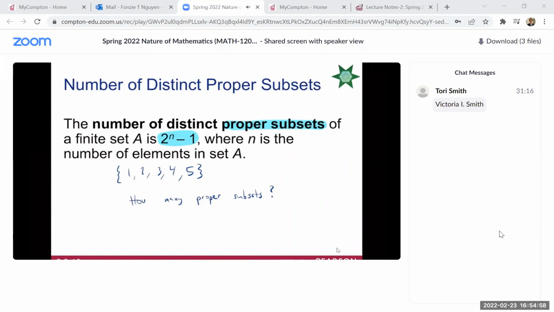I think you're right. Let's see. n is 5, right? Because there's 5 elements. So it'd be 2 to the 5th power minus 1. That's going to be 32, minus 1 is 31 proper subsets.